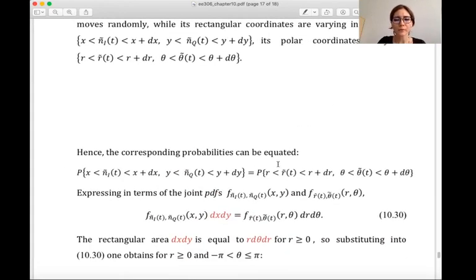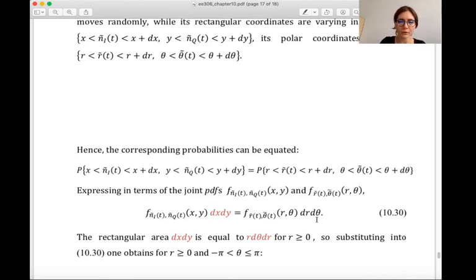Now the trick will be to take these probability expressions and then express them in terms of the joint PDFs. So we know that when dx and dy are sufficiently small, this can be approximated as the joint density times dx dy. And then doing the same thing for here, this should be the same as the joint density of r theta times dr d theta.